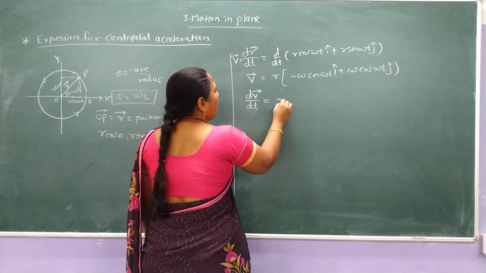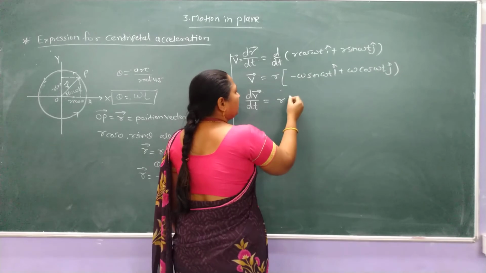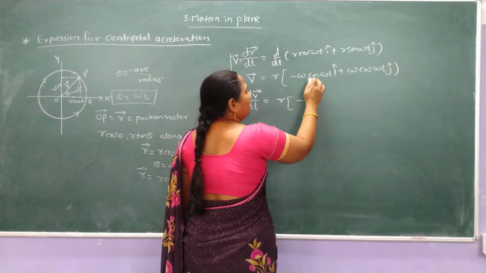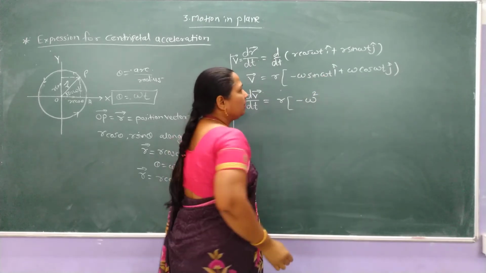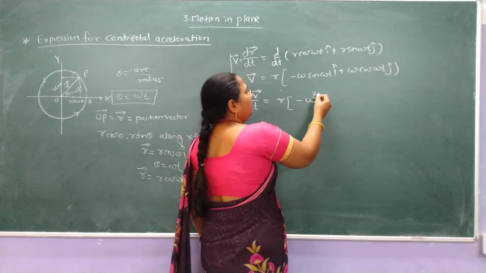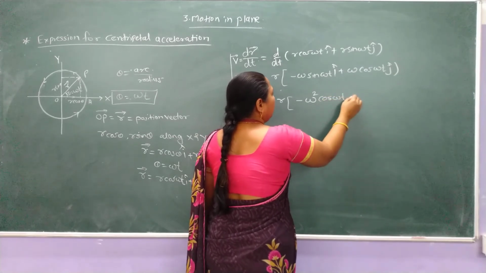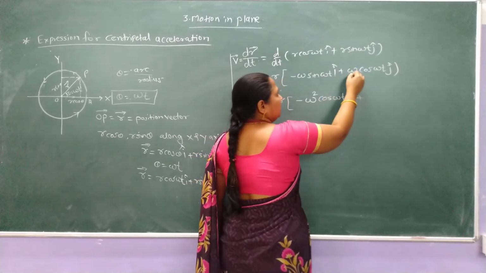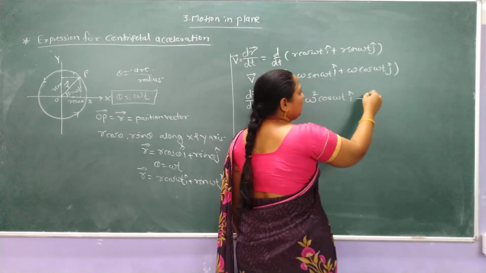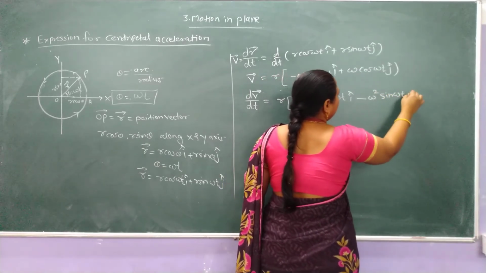Therefore, dv by dt is equal to r, again differentiated: minus omega into omega, which is minus omega square, cos omega t i vector plus, since the derivative of cos is minus sine, minus omega square sin omega t j vector.